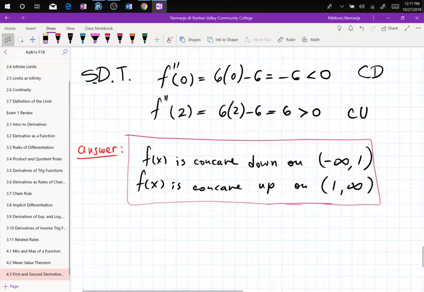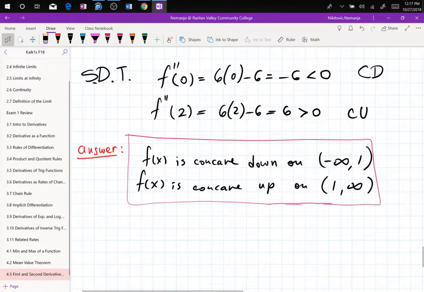You have to understand that the procedure to calculate these things is the same between the first and second derivative test. Concepts are changed, right? What you get from the first and what you get from the second. But if you are to print these two and put them side by side, they're identical.